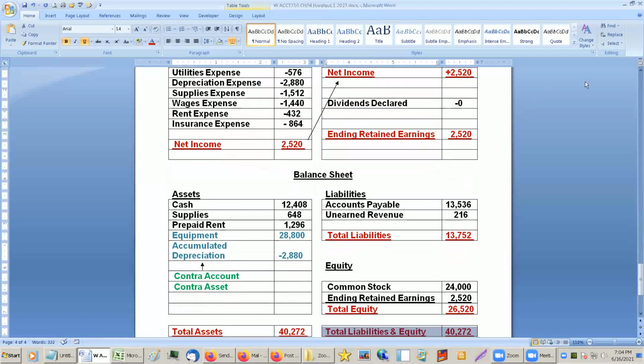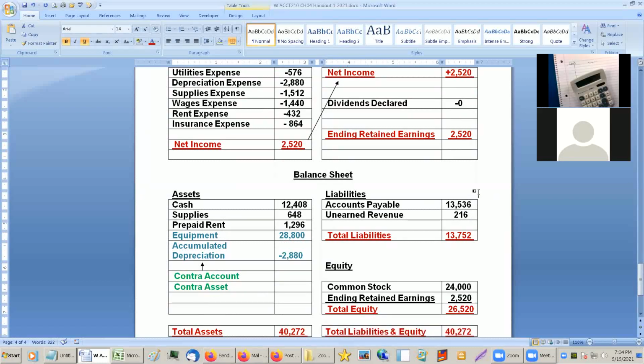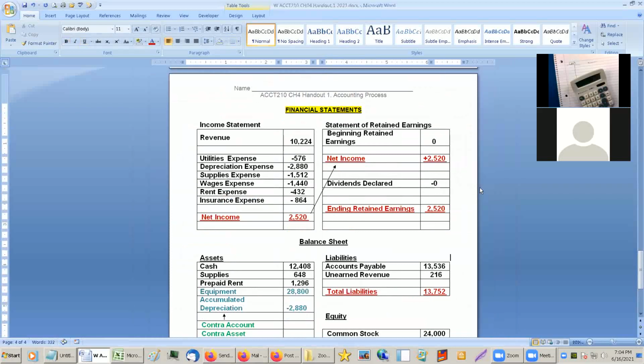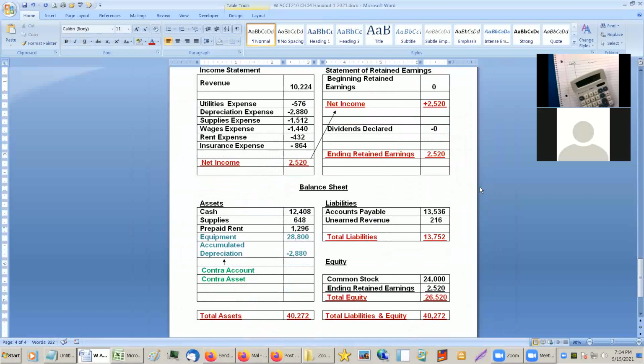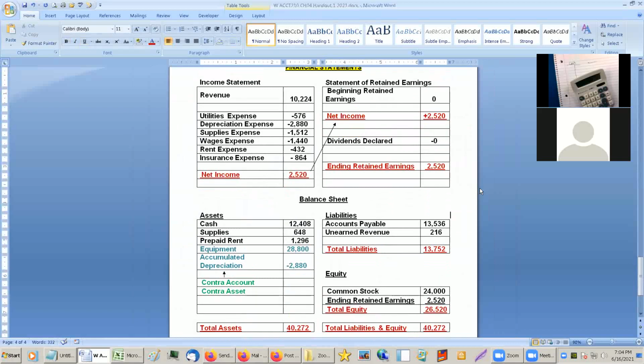And so that's it. So this is what we've done here, taken from the journal entries all the way to the financial statements. And the financial statements really tell much more of the story.